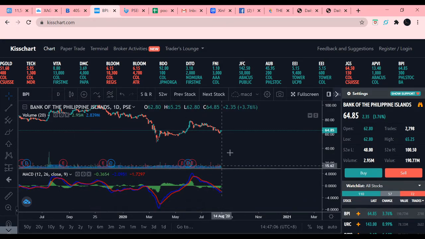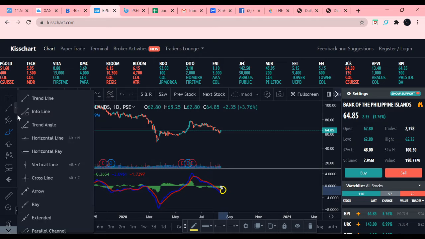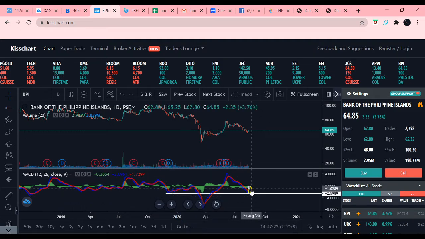Hindi, convergence lang siya. But dito kasi is malapit na siya na mag-cross. So, this is a possible catalyst for it to move higher. Wait, check natin siya yung sa support area. So, actually, this area, support area na kasi. Kaya siya nag-bounce.